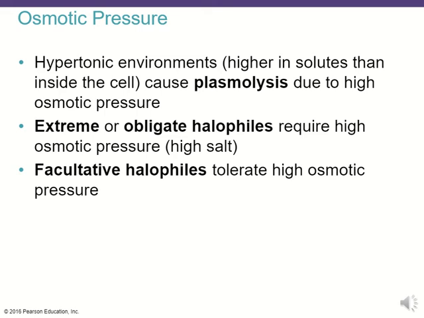And with osmotic pressure, hypertonic environments are where the amount of dissolved material is higher in concentration outside the cell than inside the cell, and these situations can cause plasmolysis due to high osmotic pressure.